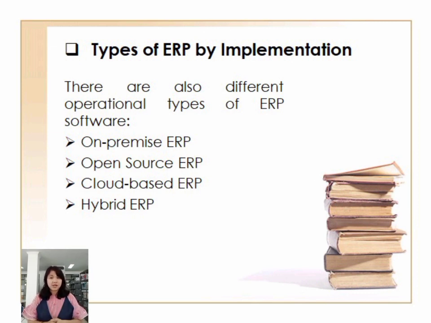Types of ERP by implementation. There are also different operation types of ERP software. 1. On-premise ERP. This is any ERP software which is deployed directly on your inside devices. 2. Open source ERP. Like any open source software, this solution lets you inspect, modify, and enhance your ERP source code. 3. Cloud-based ERP.